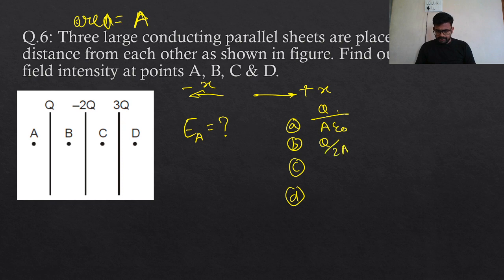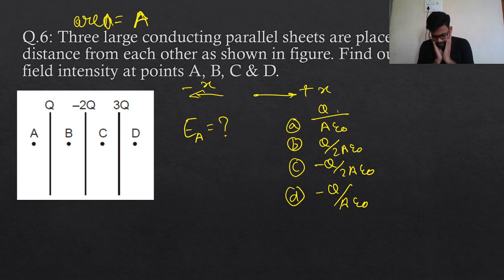Option B: Q upon 2A epsilon naught. Option C: minus Q upon 2A epsilon naught. Option D: minus Q upon A epsilon naught. Choose the correct answer. What is the electric field intensity at point A? I'm giving you 10 seconds. Do it fast.